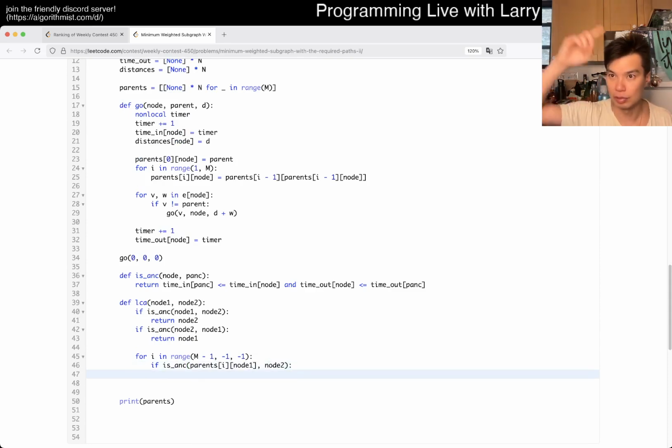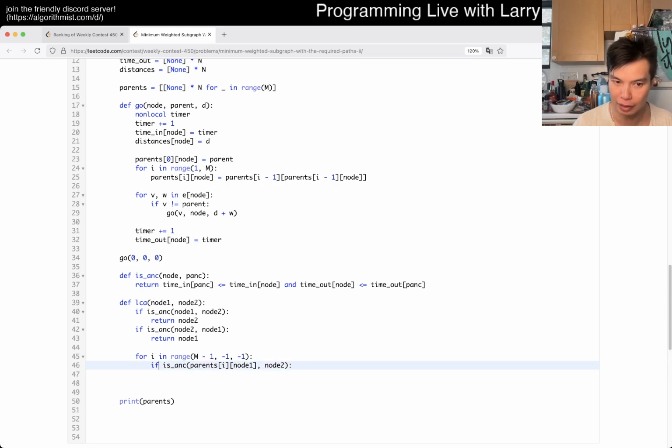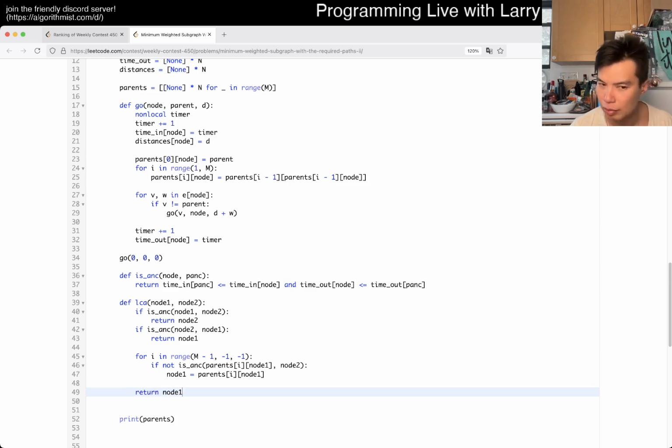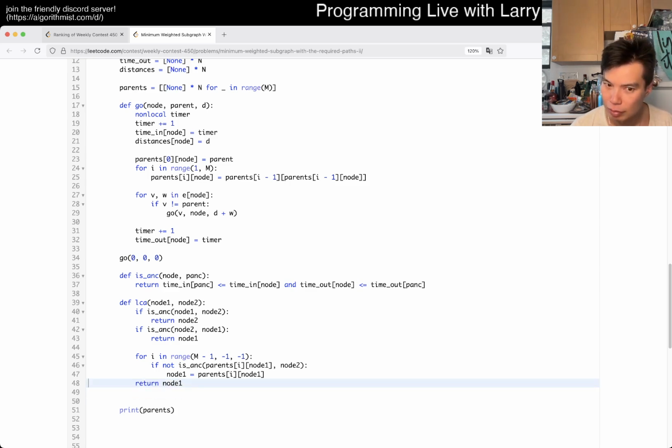So that means if the root is an ancestor, okay, but we want the opposite of that. So if this is not an ancestor, then we travel, right? So then now node 1 is equal to, okay, right? So now if it is, then you don't travel. Right, now we return node 1 or parent of node 1. Man, I should have a template for this.